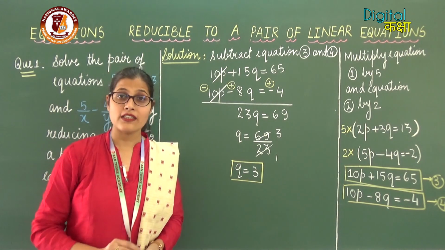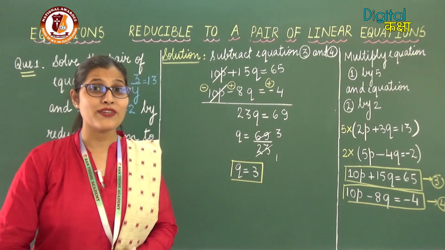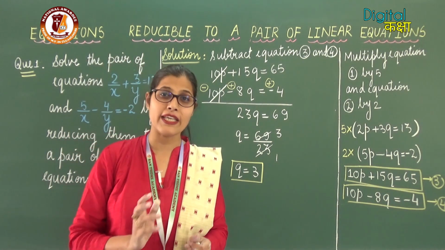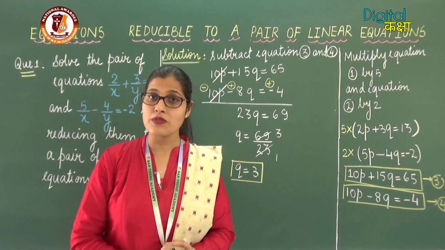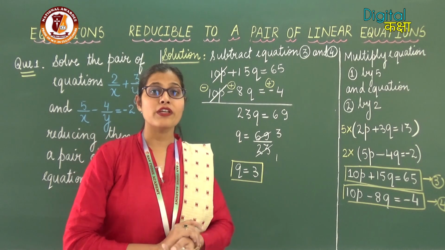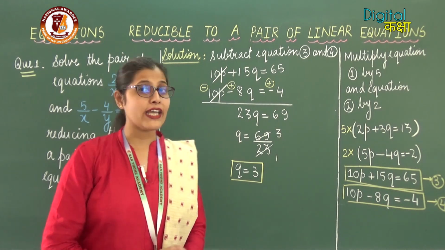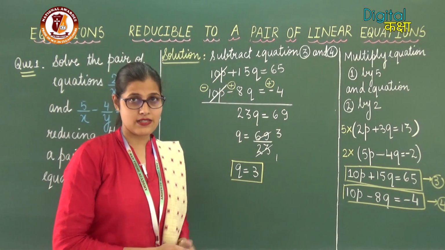Now to find the other variable, which is the variable p, we need to substitute this value of variable q in any of the given equations.